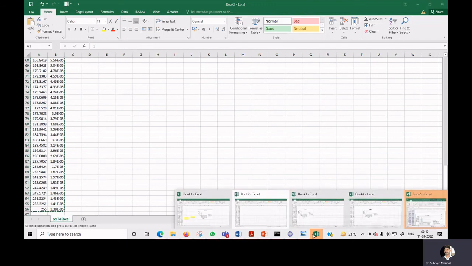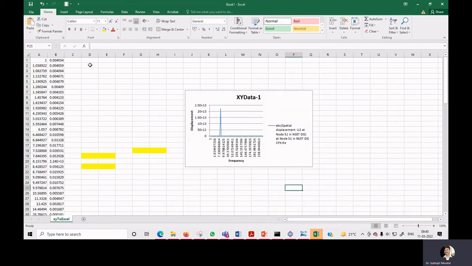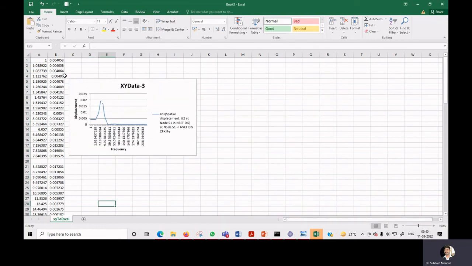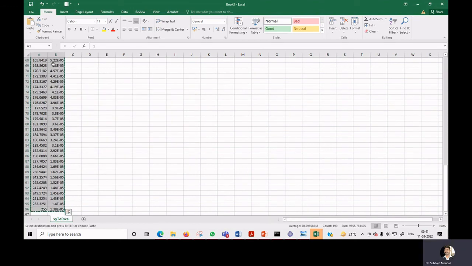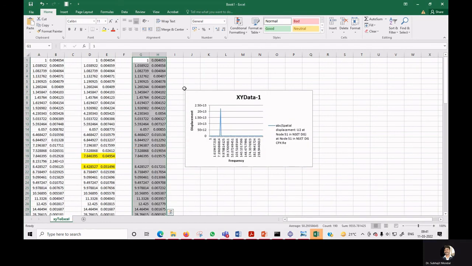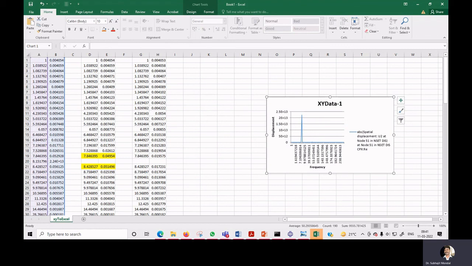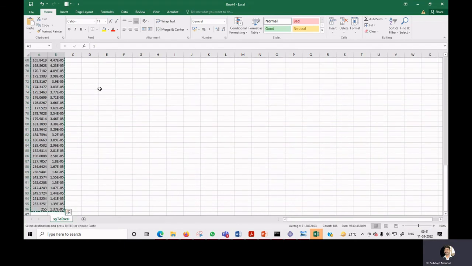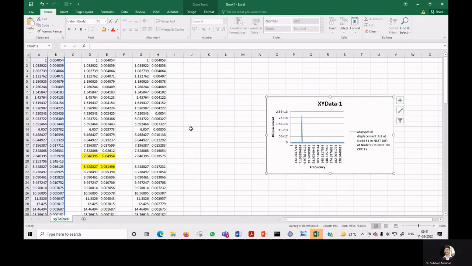We are going to see how the damping is affecting our steady state response. This is corresponding to the third data, XY data 4, which corresponds to our 0.1 damping factor.